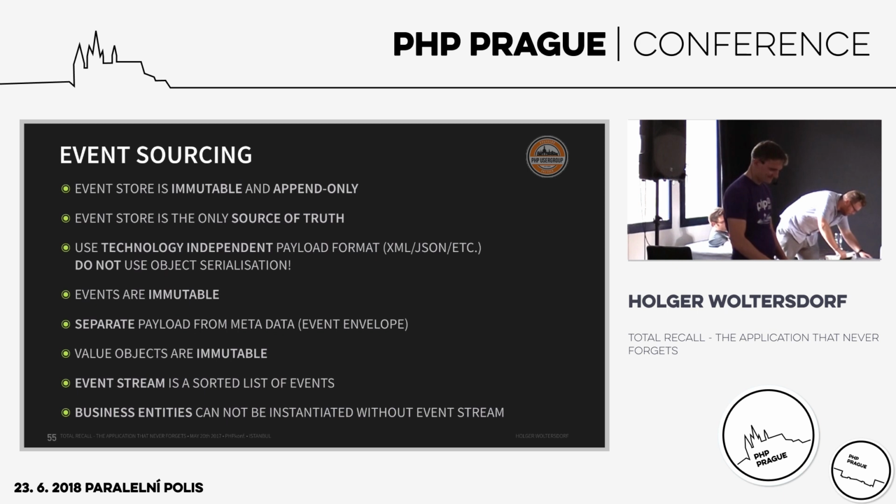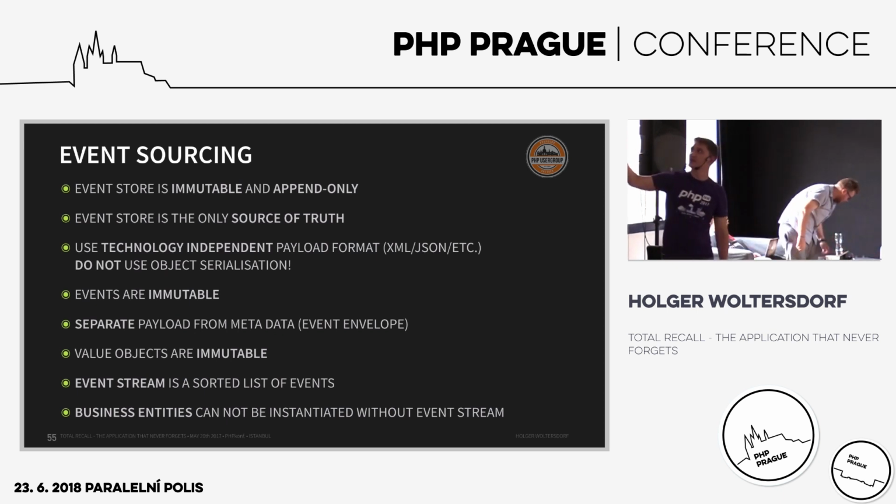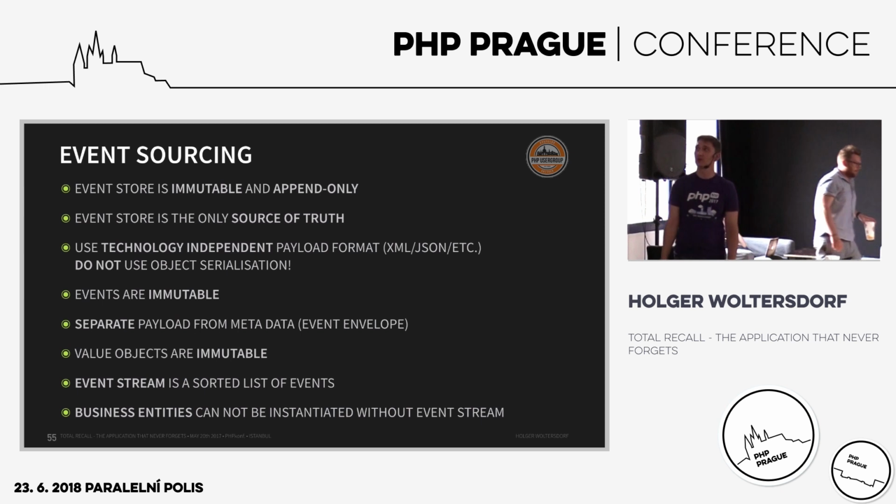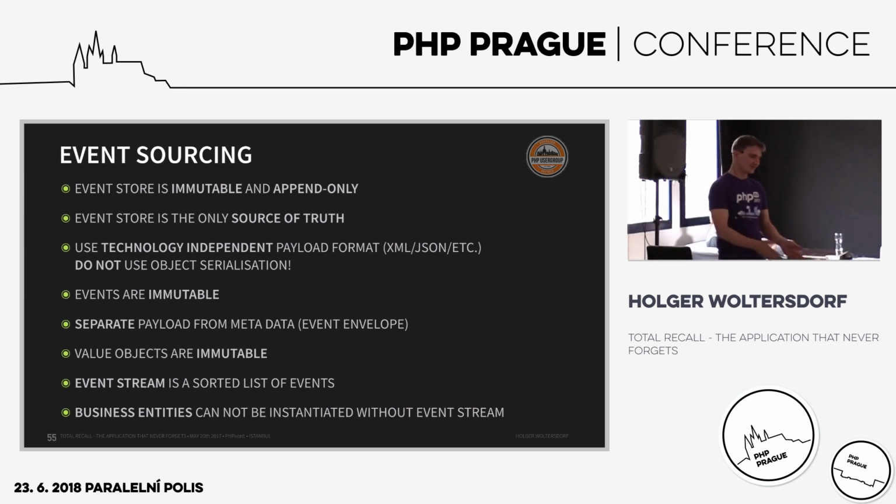Like I said, use technology-independent payload formats. Events are also immutable, so you should never change an event because it's a fact that happened in the past and should not be changed. Separate payload and metadata from each other, and the event stream is a sorted list of events.